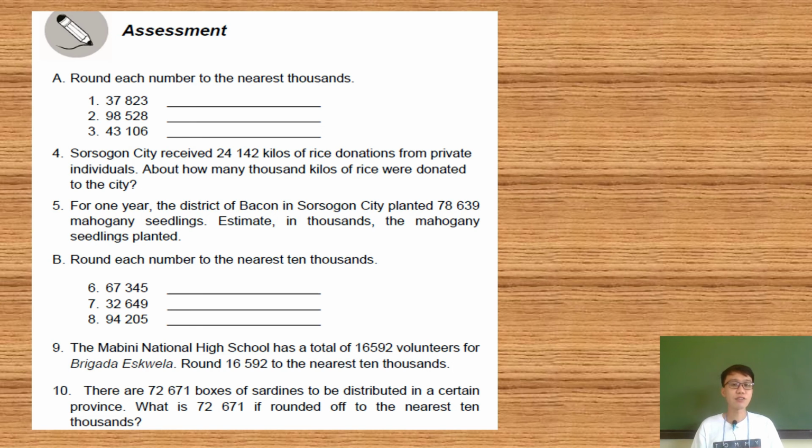Round 16,592 to the nearest 10,000s. And item 10, there are 72,671 boxes of sardinas to be distributed in a certain province. What is 72,671 if rounded off to the nearest 10,000s?